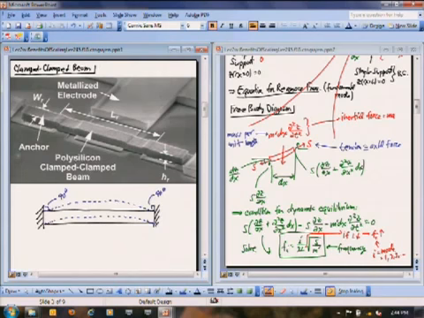Let me label a couple things on this too, because I'm about to write an equation for this. We'll still call the length of this thing L. So that's still L. And we'll call the thickness of this thing H for height.